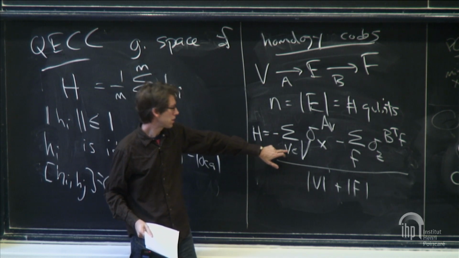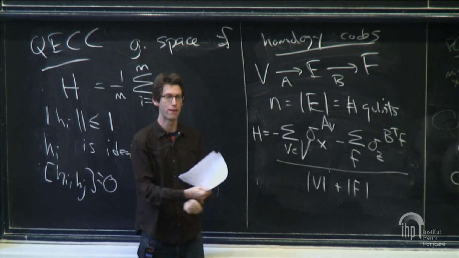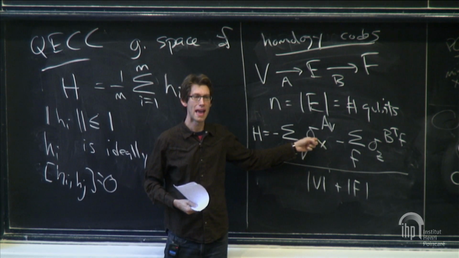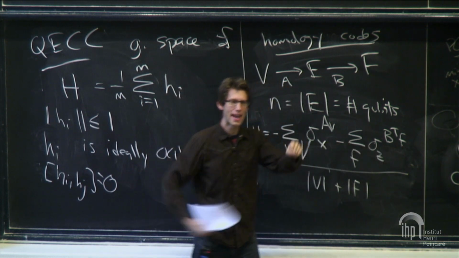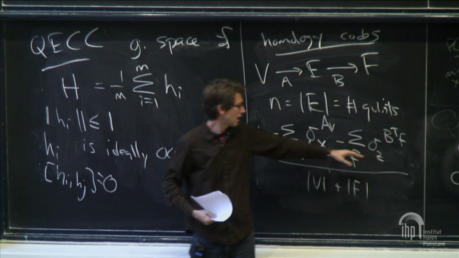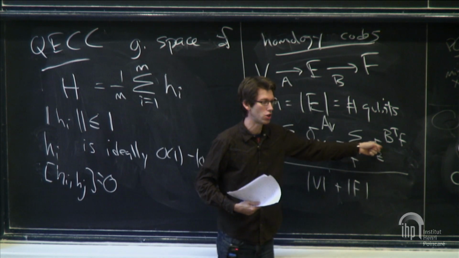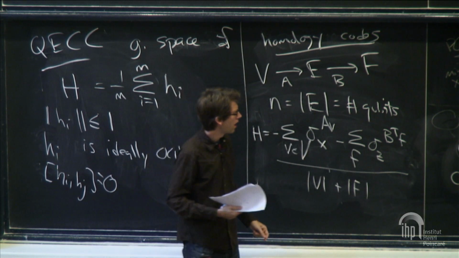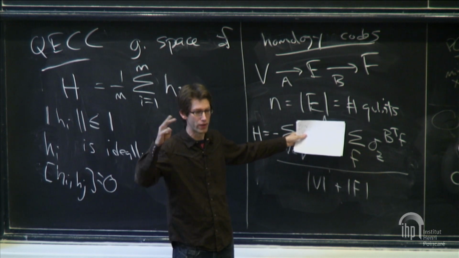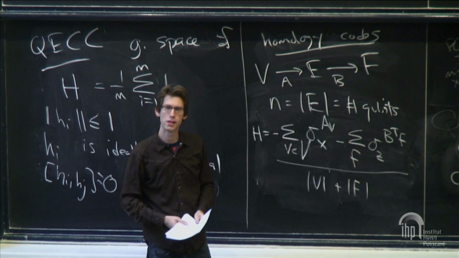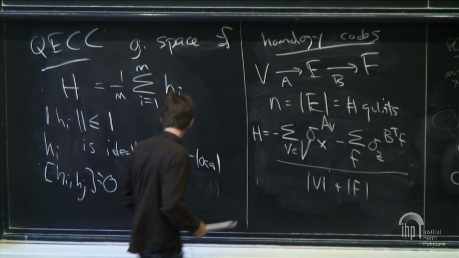For every vertex, we apply A_V to it. That means you take all the edges incident upon that vertex, and you do a sigma x on each edge. For every face, you look at all the edges around that face, and you do a sigma z on each edge. So both of these are terms that live on the set of edges. If you just had one of these, this would be a classical parity check code. But we essentially want to do parity checks in both the z and the x basis.